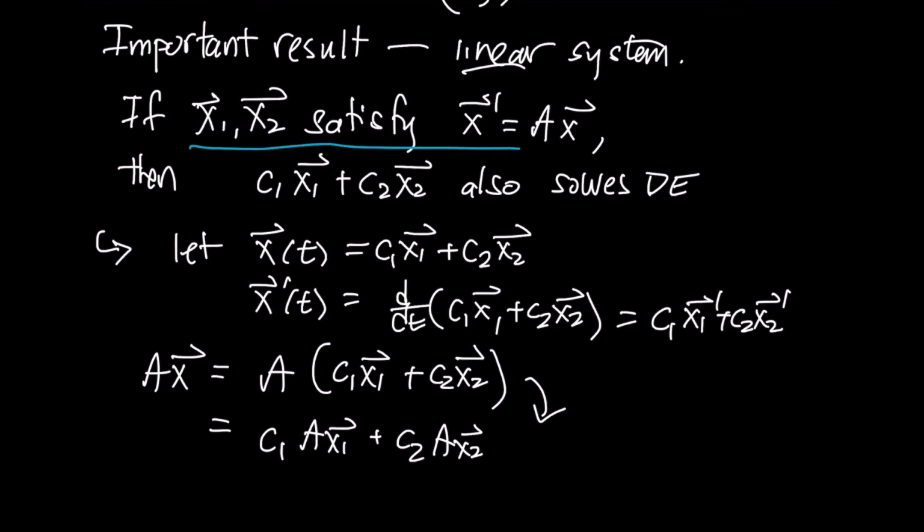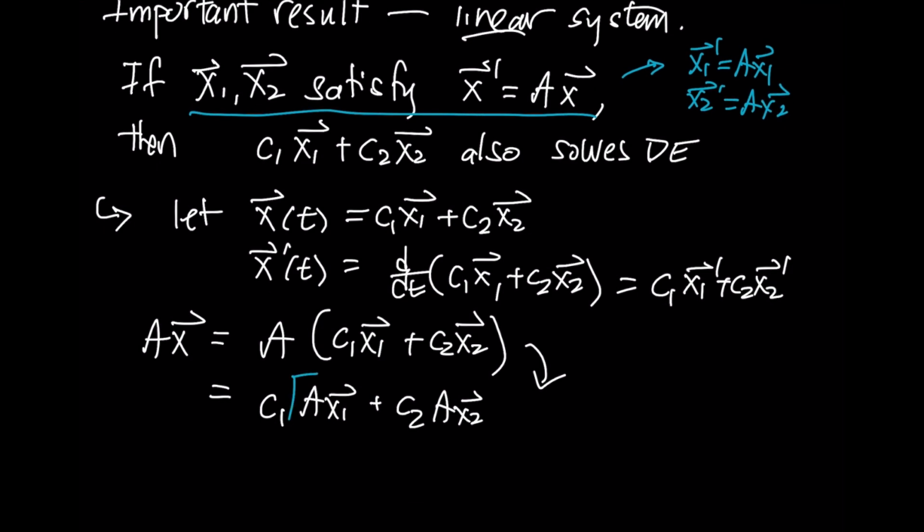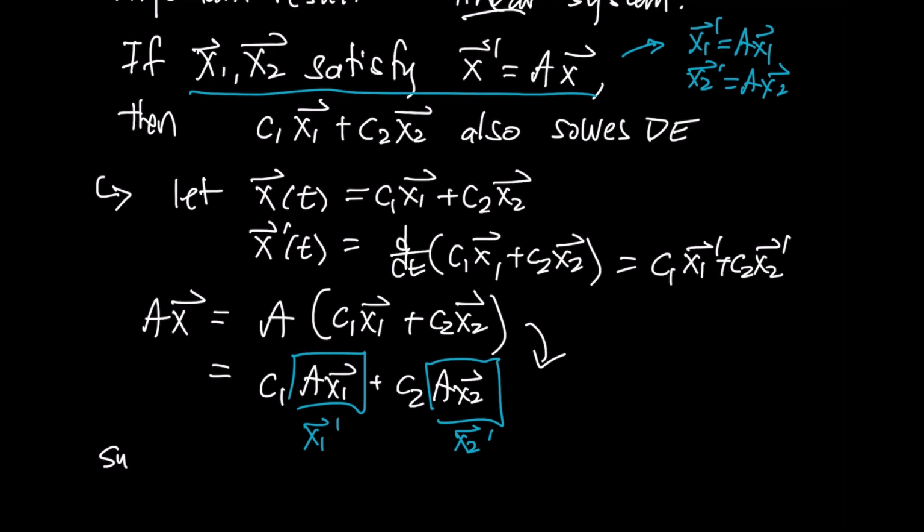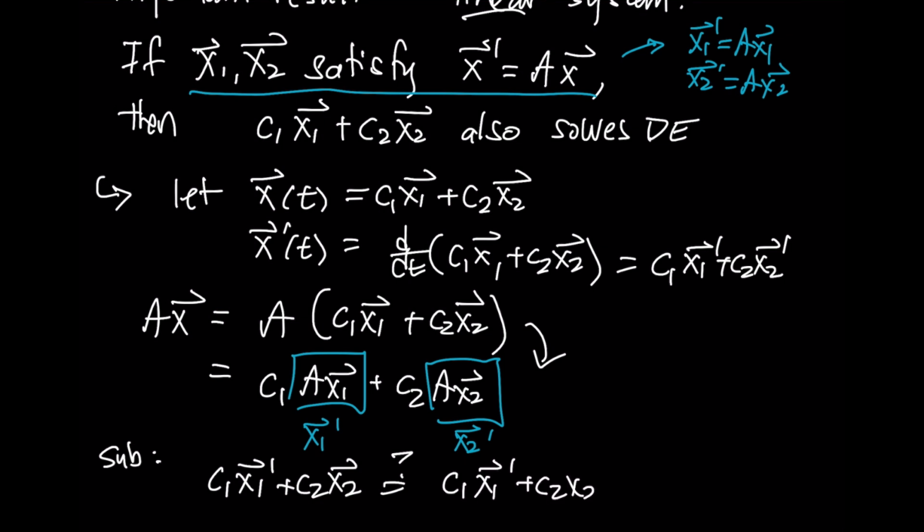Since each of these things satisfies the DE, what that tells you is that x1 prime is Ax1 and x2 prime is Ax2. This expression right here is x1 prime. This expression right here is x2 prime. And if we take a look at the equation and we sub everything in, what we'll find is on the left, we'll have c1x1 prime plus c2x2 prime, and it will in fact equal c1x1 prime plus c2x2 prime. So it is a solution.